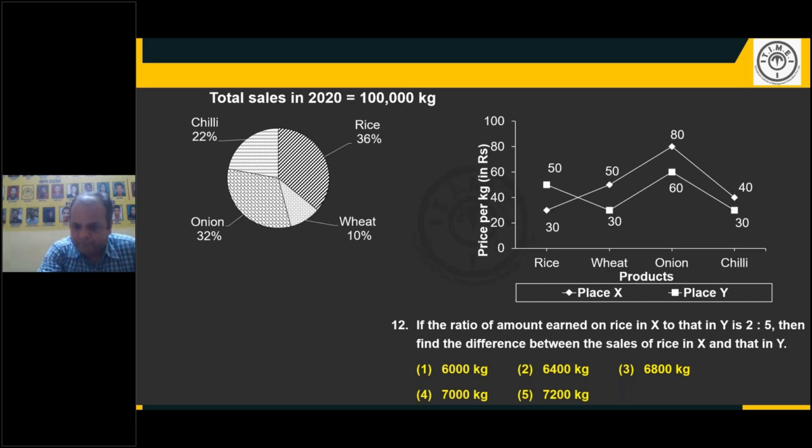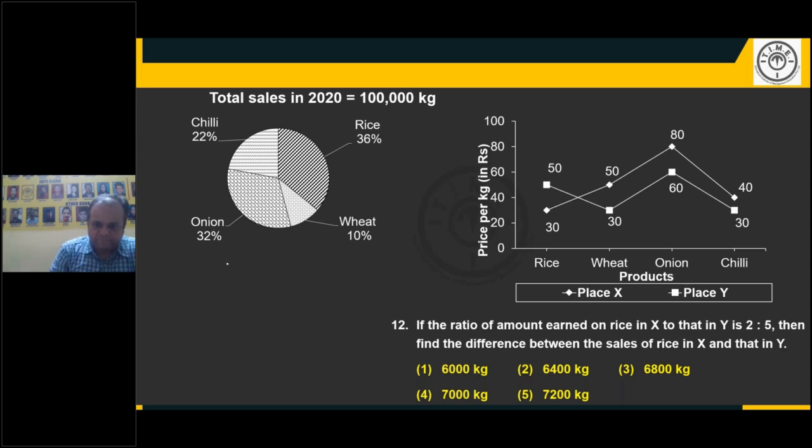If the ratio of the amount earned on rice in X to that in Y is 2:5, then find the difference between the sales of rice in X and that in Y. So now you have been given the rice data and the amount ratio in X and Y. First and foremost, think about the ratio that has been given.